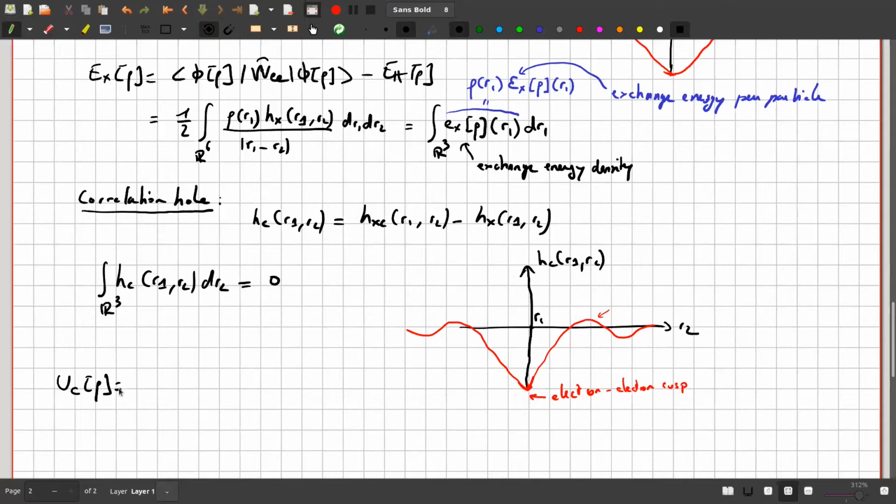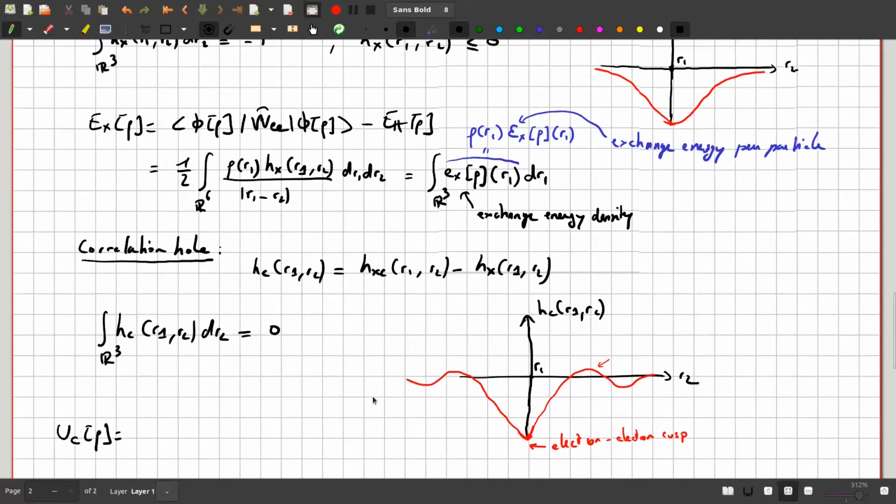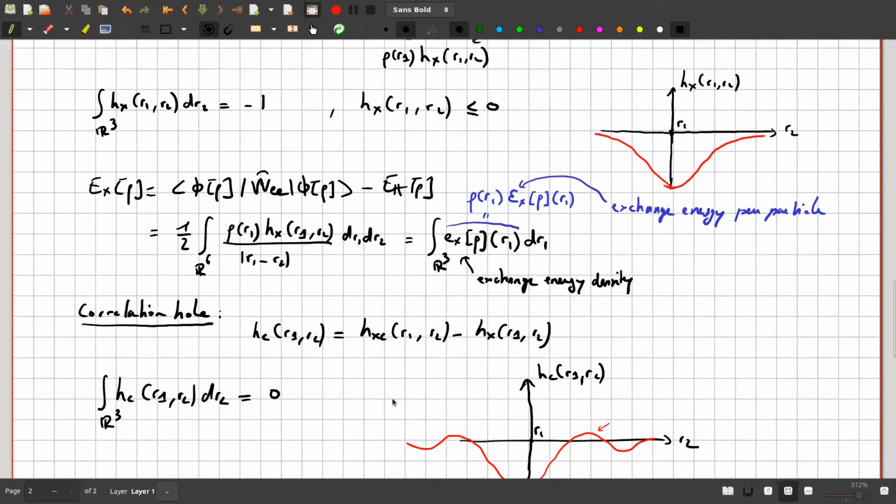And the last part, what is the meaning of the -1 as a result of the exchange hole? Well, the meaning, it's always difficult to answer this kind of question. What is the meaning of something? But you can interpret that as saying that the exchange hole contains one negative charge. That's one way of viewing it.